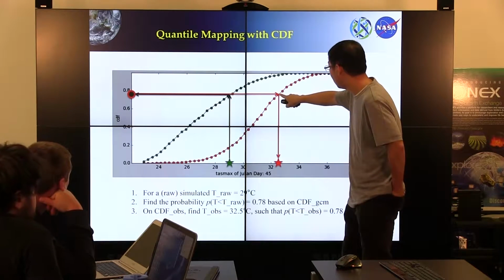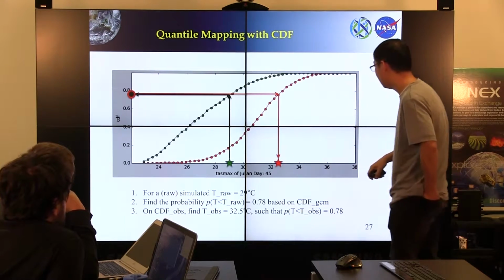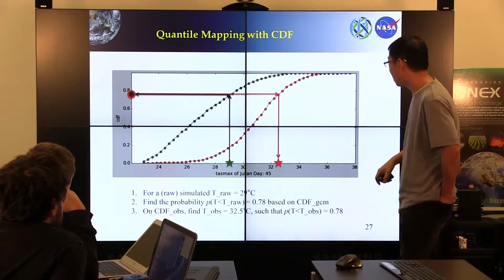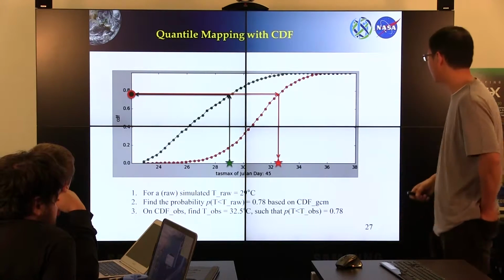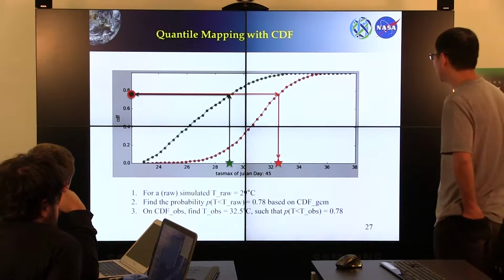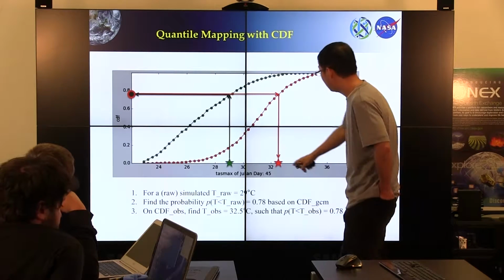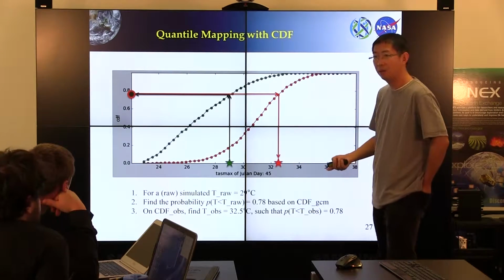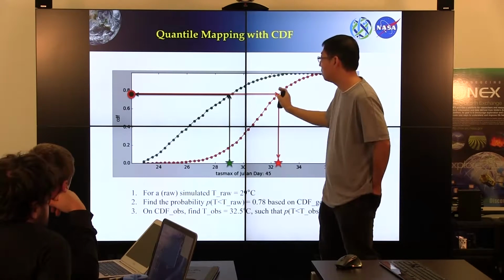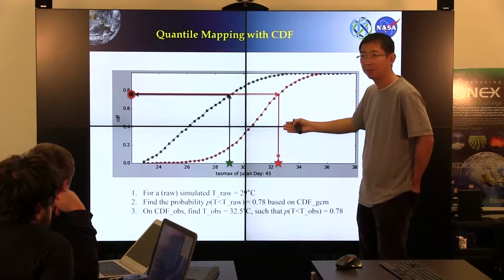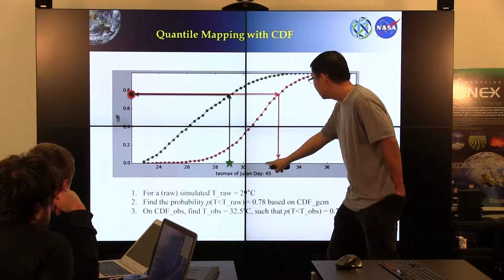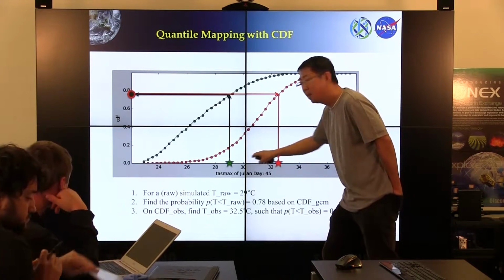So look at that point and then draw it down and see, okay, it's about 32.5 degrees Celsius. That's the temperature in the observations where 78% of the observed temperatures are lower than that. So that gives us some link.